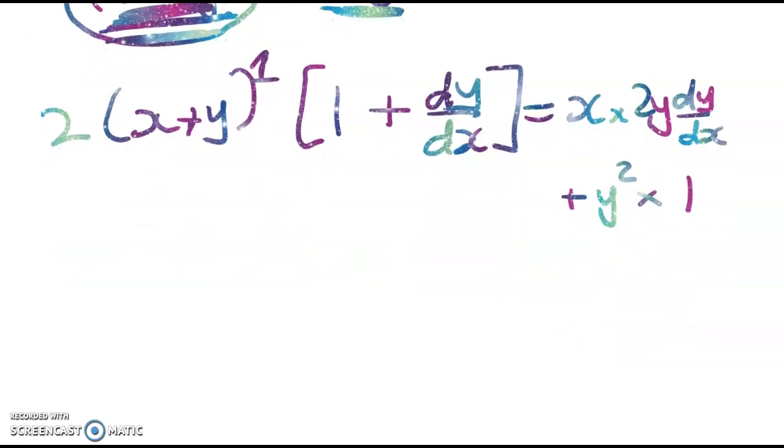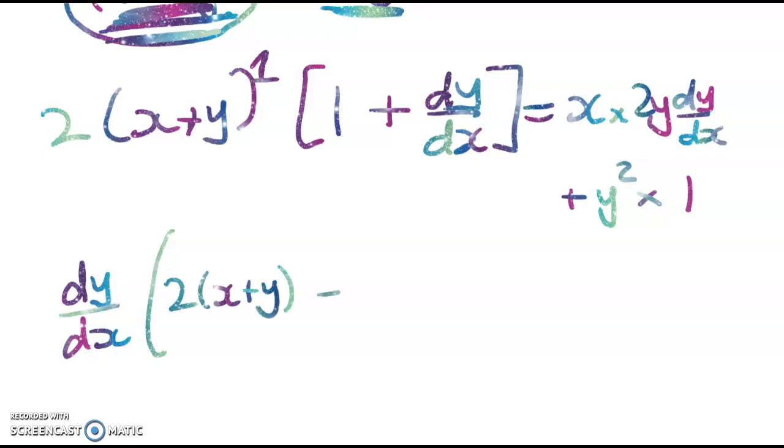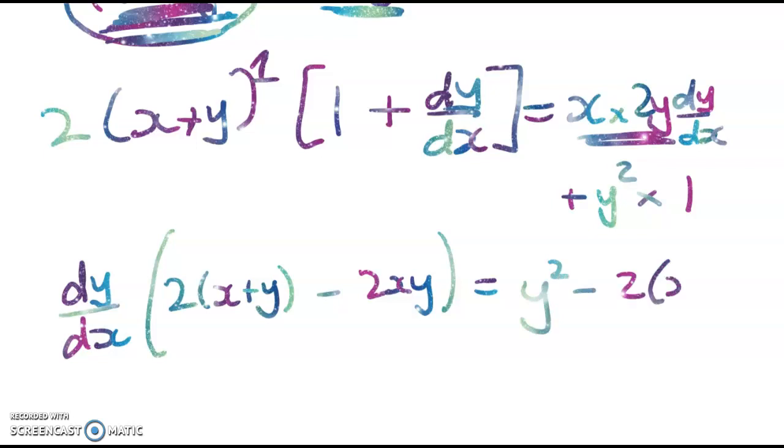What I'm going to do is get all of the terms with dy by dx together. So that's going to give me dy by dx times 2(x plus y) minus 2xy, right, so that's from this side here, equals y squared minus 2(x plus y). All I'm doing there is I'm just rearranging, right?